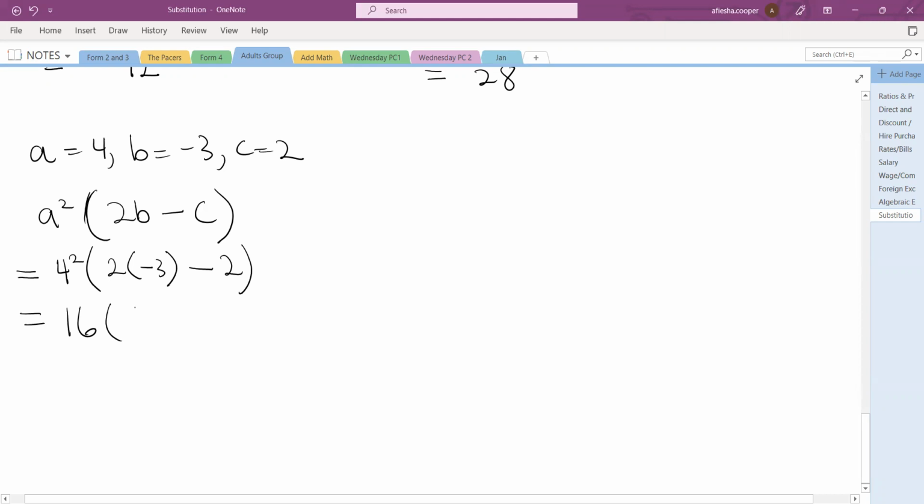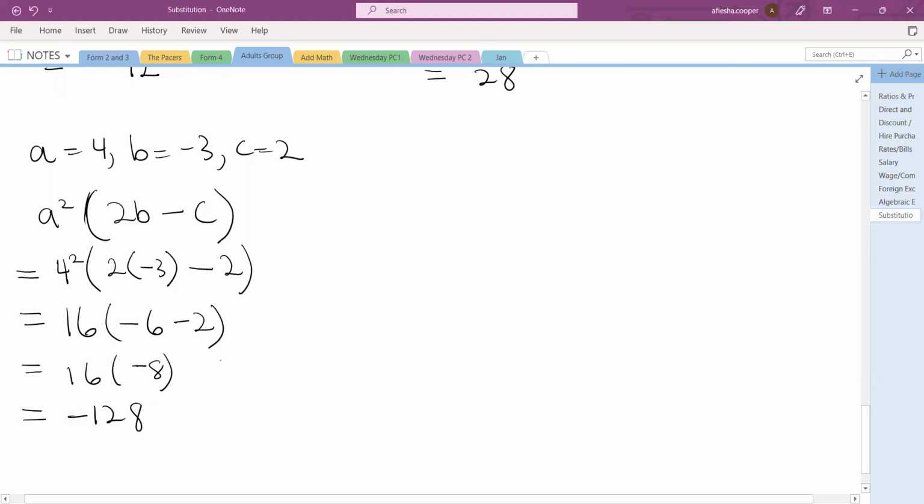So 2 by -3 will be -6 minus 2, right? Now we could work out the brackets, which is -6 minus 2. When the signs are the same, we add and keep the signs, so that's -8. And now we multiply, so 16 by -8 will be -128.